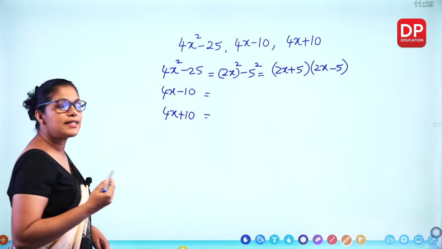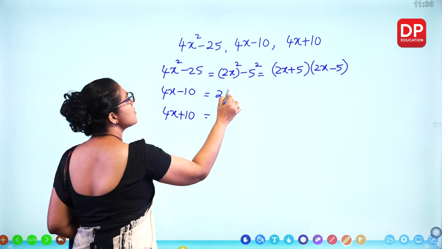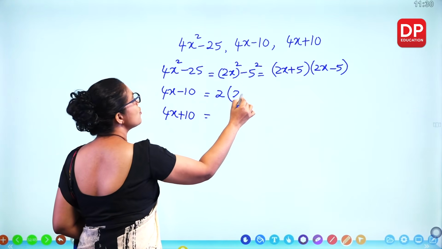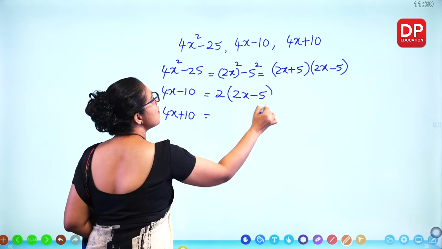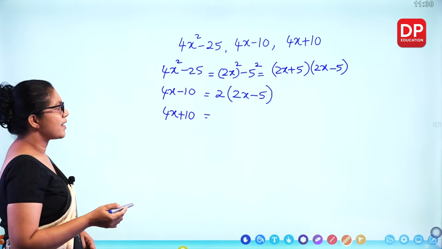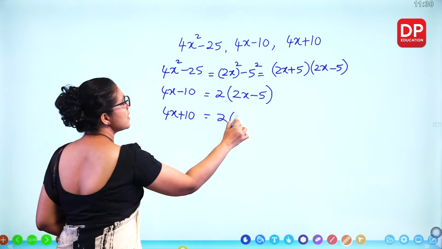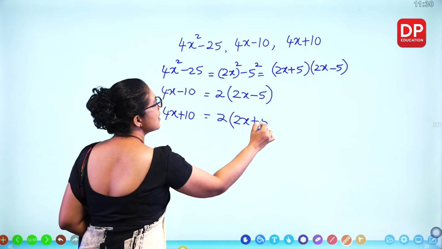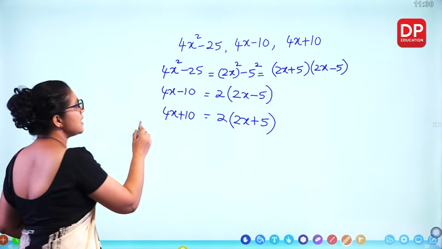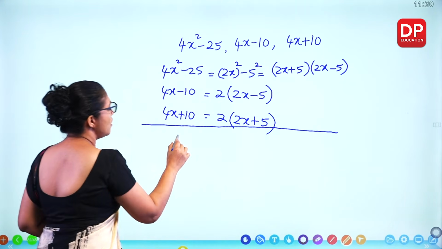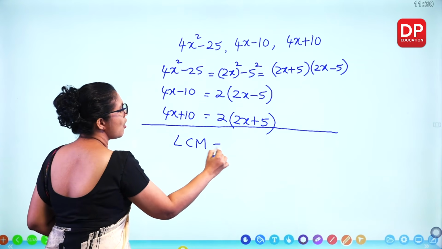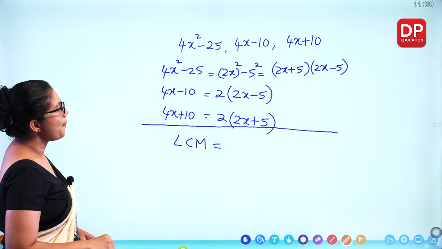This one I can take 2 out. 2 is common. When you take 2 out, you get 2x minus 5 as the other factor. When you take 2 out from this one, what do you get? 2x plus 5. Now see what's the lowest common multiple or least common multiple.